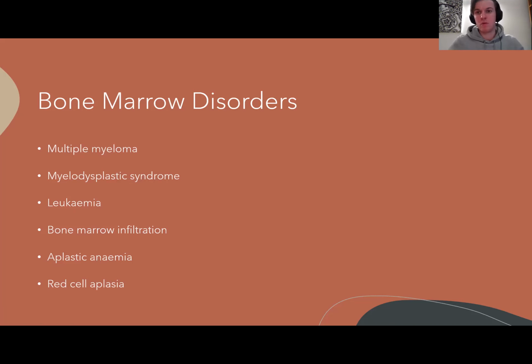They're again caused by uncontrolled proliferation of abnormal progenitor cells. They affect cells at different stages, but they cause anemia by compromising the production of normal red blood cells. You can get bone marrow infiltration with any kind of cancer, really. The most common ones that infiltrate the bone marrow are breast, prostate, and lung cancer.